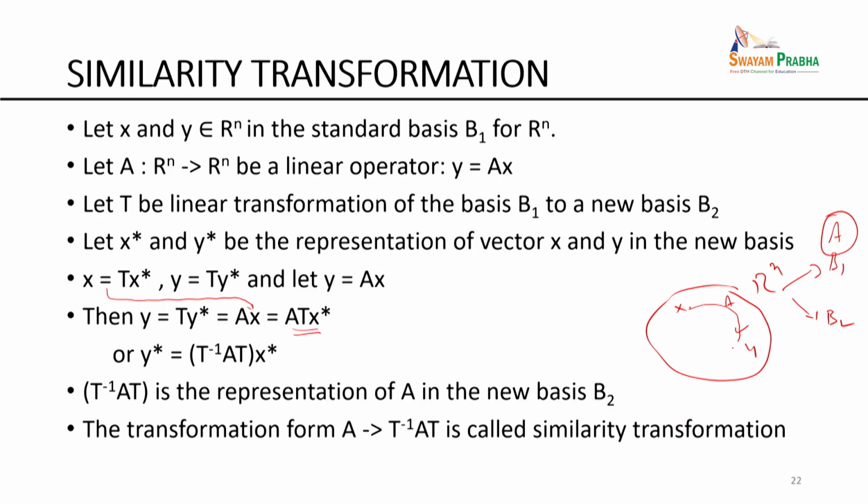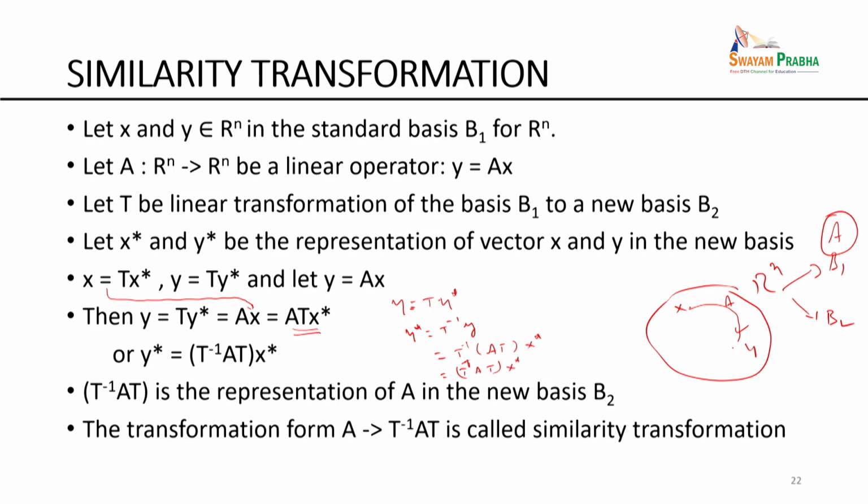See, look at this now. So I have Y is equal to T Y star. Therefore, Y star is equal to T inverse Y, and Y according to this is T inverse A T X star. So this is equal to T inverse A T X star. Everybody.